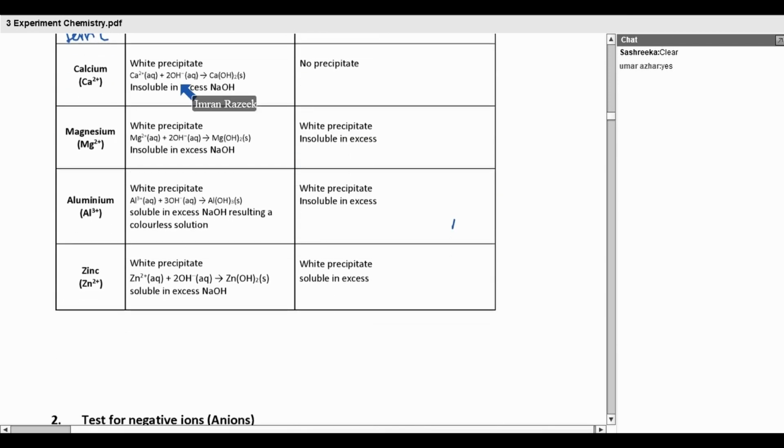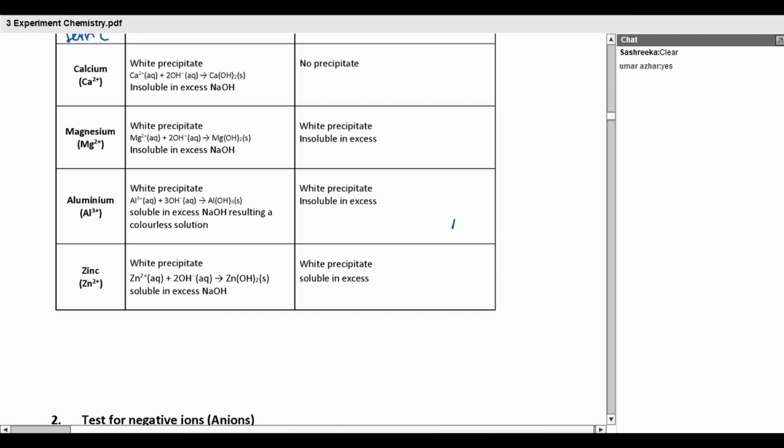As for aluminium, you get a white precipitate with sodium hydroxide, and that white precipitate dissolves in excess sodium hydroxide, but the white precipitate does not dissolve for the ammonia.